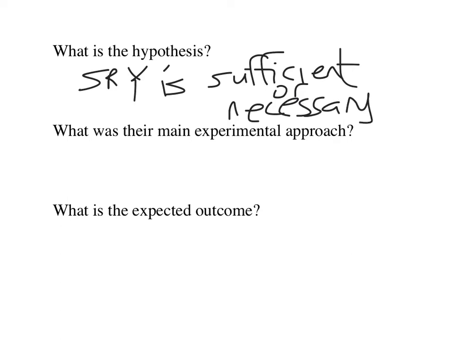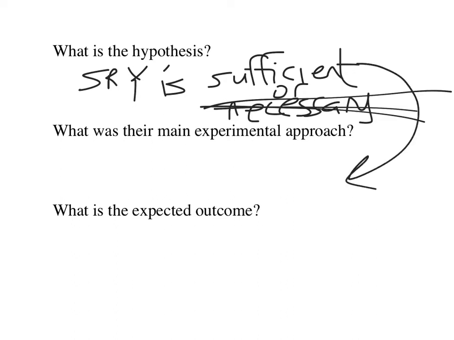Right. So the logic again: if it's necessary, then if you get rid of it, you don't see the trait. That was what was shown earlier. So if it's sufficient, if SRY is the only thing that's necessary to make a male, what was their main experimental approach? Injecting SRY into embryos.